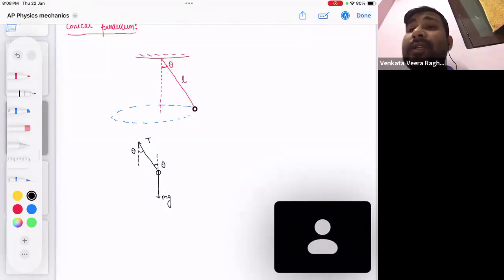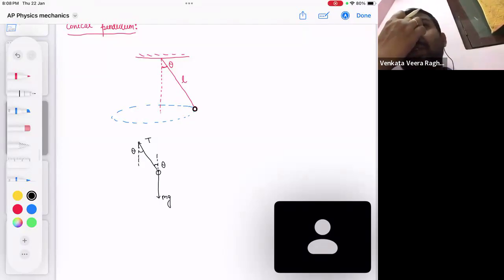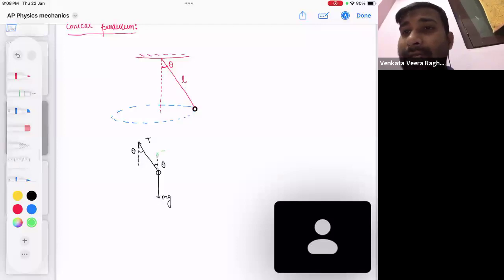In circular motion, we should take the component which is going to be mv square by r, that is, the component of force towards the center. So if you take the components, there will be T cos theta and another component T sin theta.